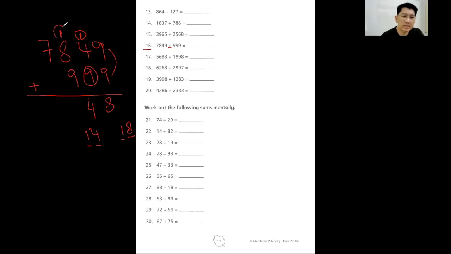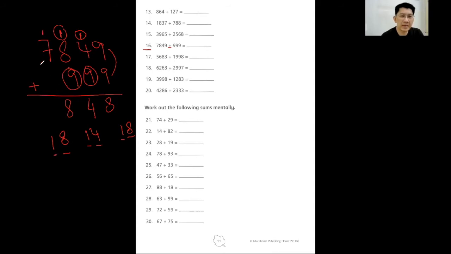So again, we'll do the same, 1 and 9 first. That's easier because 1 and 9 makes 10. Okay, and then 10 plus 8, that's 18. Again, 18. And the back digit goes to the bottom of that group that we are working on. And the front digit goes to the top of the next group.